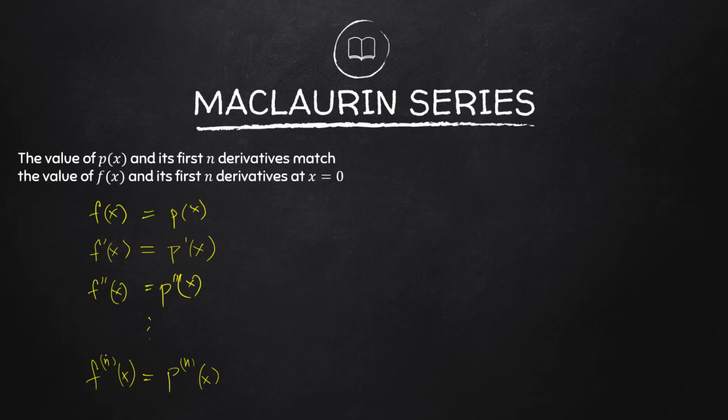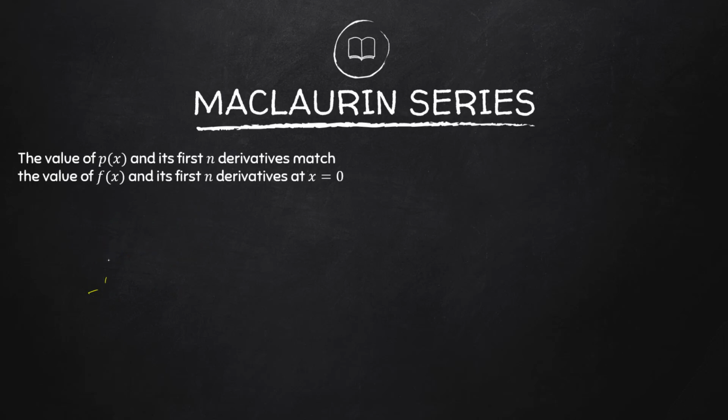This is not a power; this is the nth derivative when we put parentheses. So this is the implication of that statement. The value of p of x and its first n derivatives match the value of f of x and its first n derivatives at x is equal to 0. That is when you evaluate those expressions at x is equal to 0.